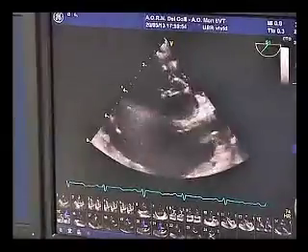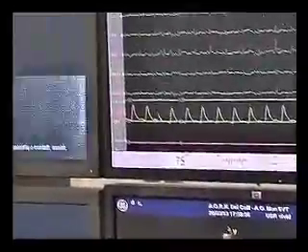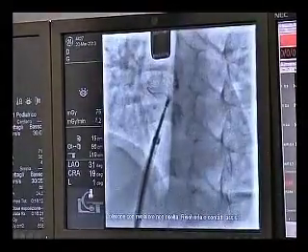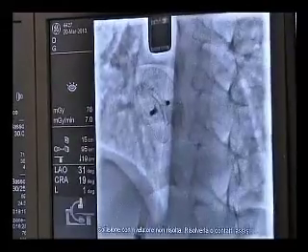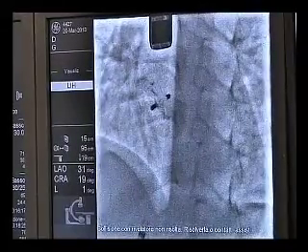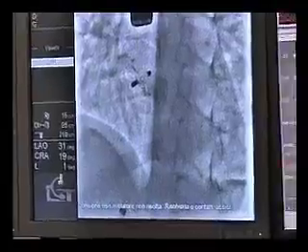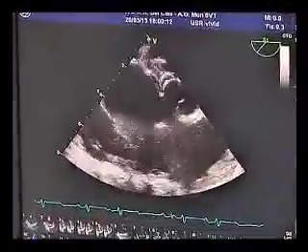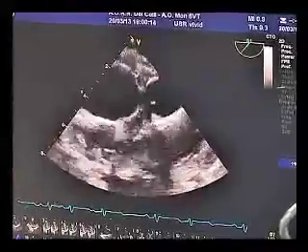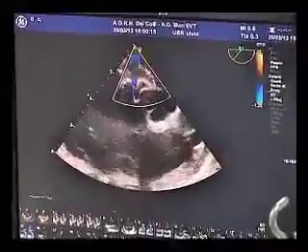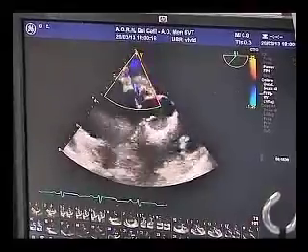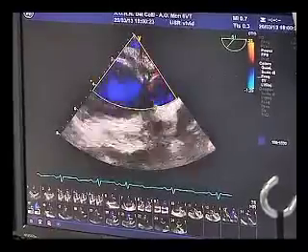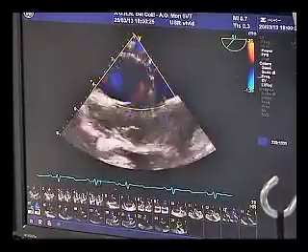Fluoro now. Okay, we lift. Echo now, please. With the color? This is just a tiny shunt inside. Let's check the septum in different parts.